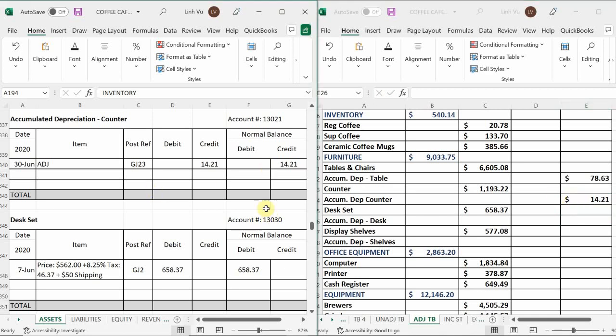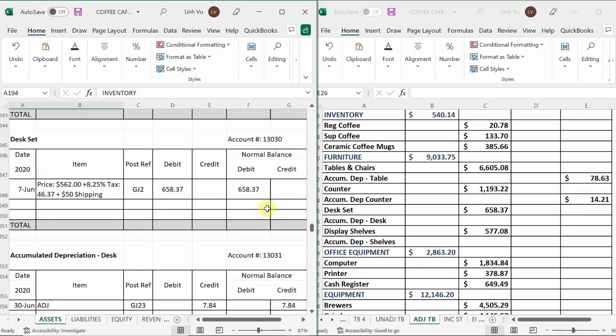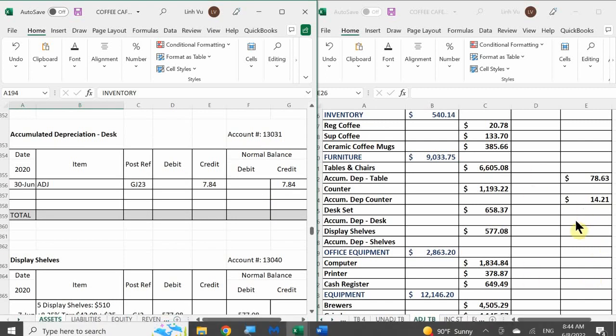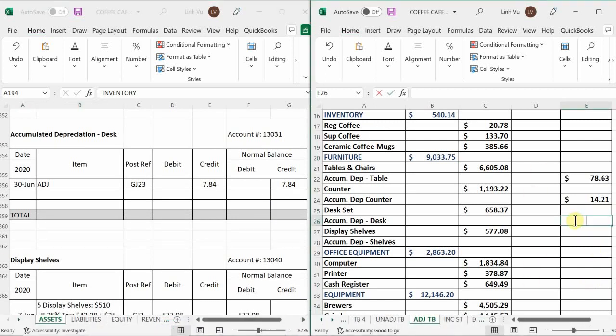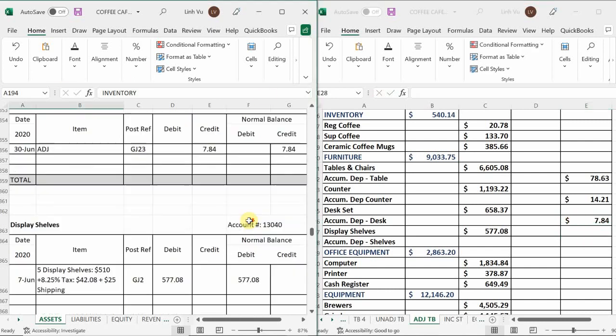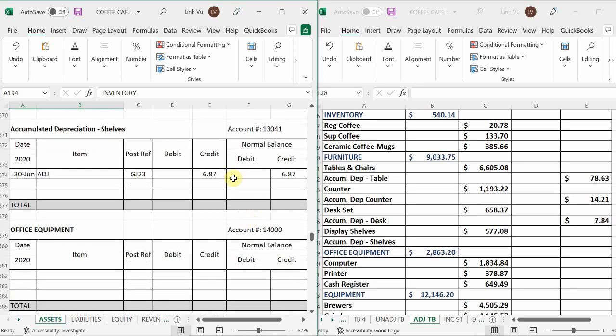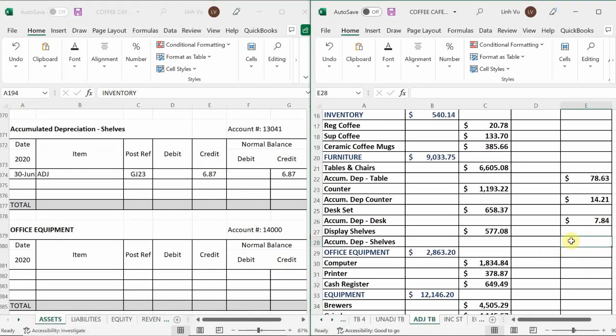The desk is still at $658, but the accumulated depreciation is now $7.84. And last but not least, my display shelves is still at $577.08. However, I have to depreciate it by $6.87.